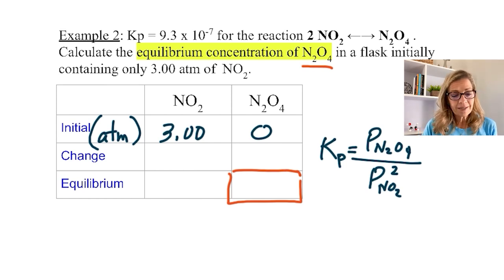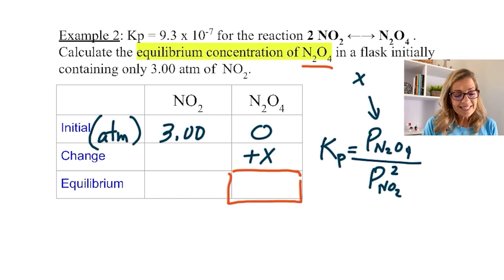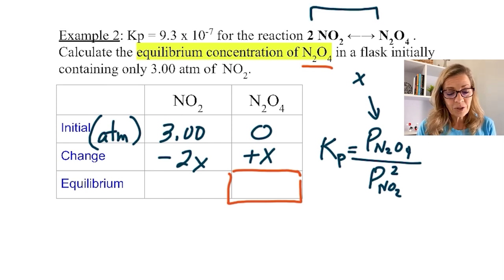So what happens? Well, initially, all we have is reactant, so we're going to start making some product. Let's use our X trick again. Since I'm going to be looking for the partial pressure of the N2O4, let's make that X. So that is going to be my X right there. And how do I get that? Well, if X is the partial pressure of N2O4, where did it come from? I'm going to lose 2X of my NO2 because of those coefficients, right? 2 and 1.